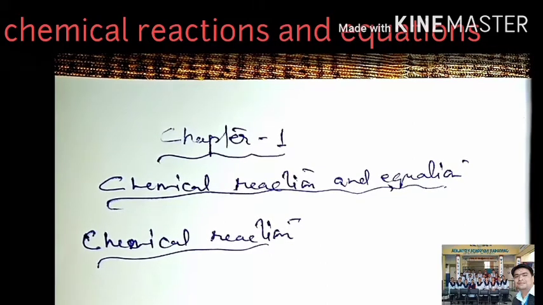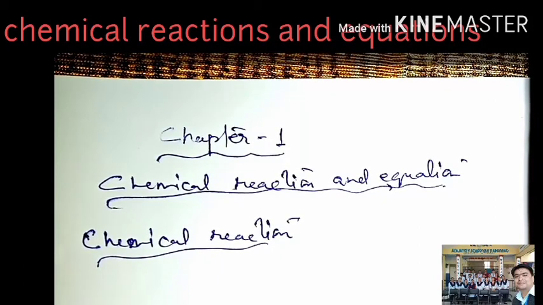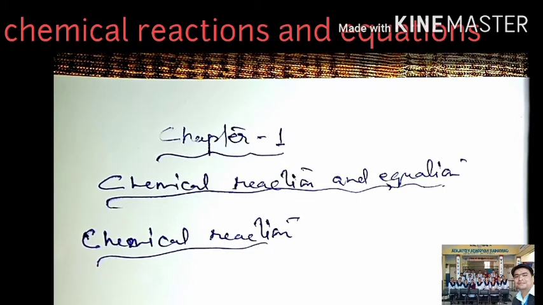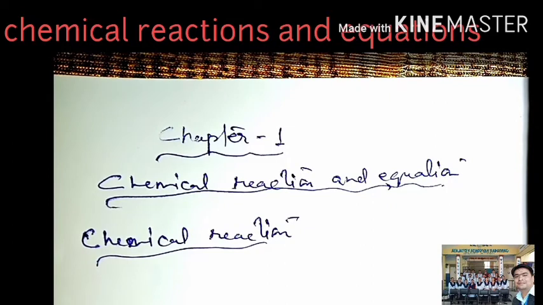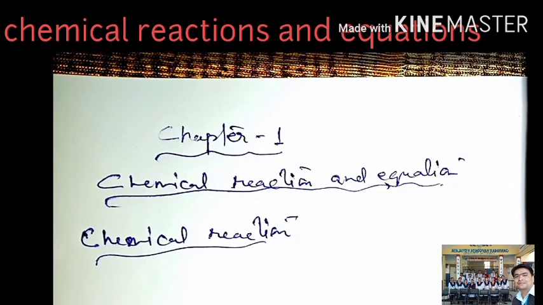Water is a new substance, because the properties of water are different from the properties of hydrogen and the properties of oxygen. When they react with each other, they give a totally new substance.